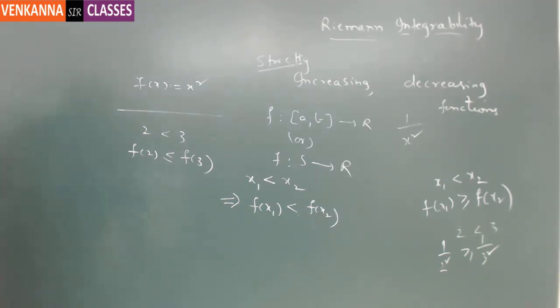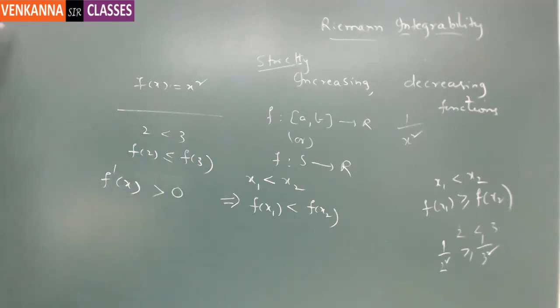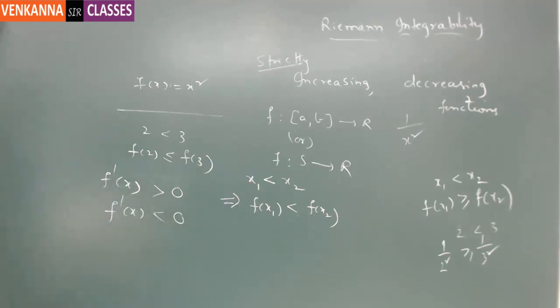The thing is, if we calculate the derivative f dash of x, if it is greater than 0, then what can we say? f is increasing, right? If you calculate the derivative and it is less than 0, then we say that f is decreasing. Agreed?